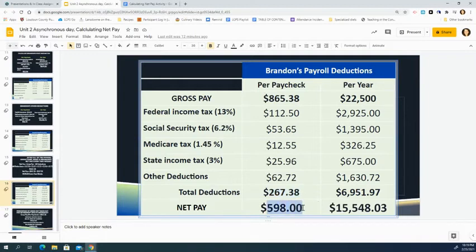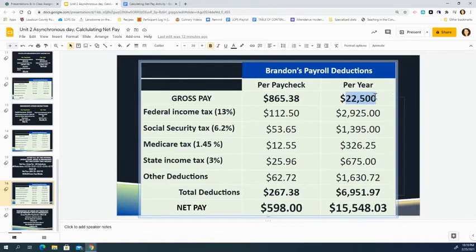So in order to calculate his net pay, we're going to take $865.38 minus his total deductions, and that tells us that his take-home pay, what he is actually going home to pay his rent, his grocery bill, his utilities, or even just his entertainment expenses or discretionary expenses, will be $598 for every 2 weeks. We do the same thing for the per year.